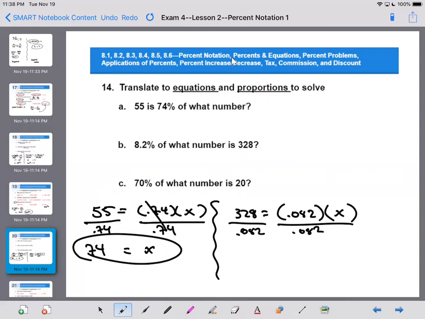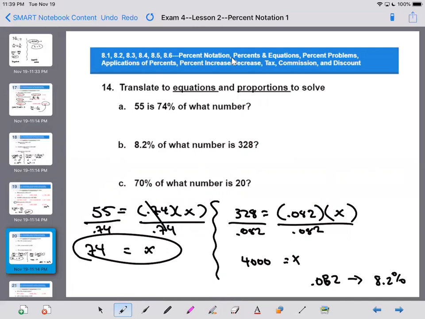So 328 divided by 82 thousandths, and that should be, what, 4,000? So you take 328 divided by 4,000 to check, and you get this answer. Well, that would translate to 8 2/10%.